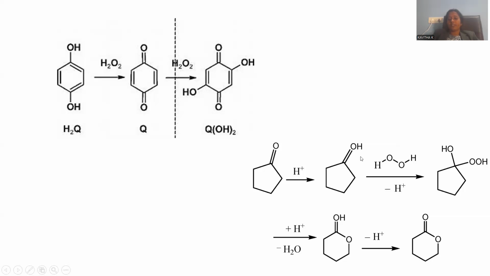Whenever hydrogen peroxide is added, these pi electrons move towards oxygen, and here is the generation of electron deficiency. The deficiency is now treated with this O minus, so that there is a formation of a peroxy bond with this carbon. The peroxy bond is originated with this carbon atom.